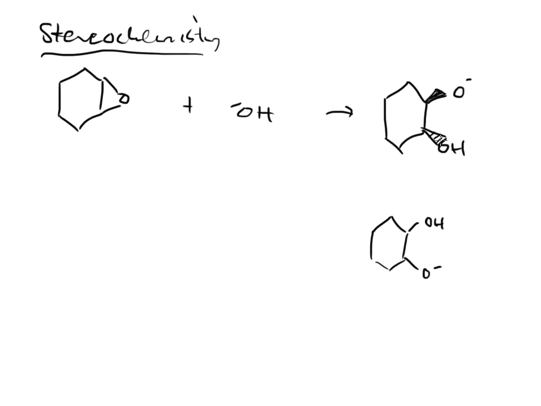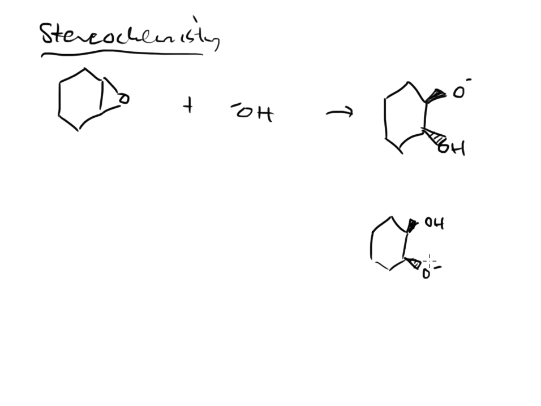Sometimes this stuff is very important. The other version, though, could flip-flop it. The OH and the O could switch places here. And here the OH could point towards you, and here the O minus could point away from you.